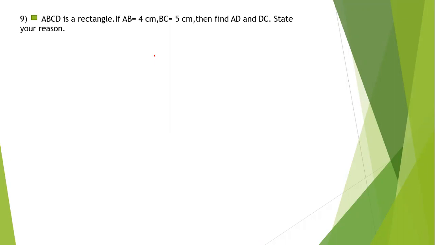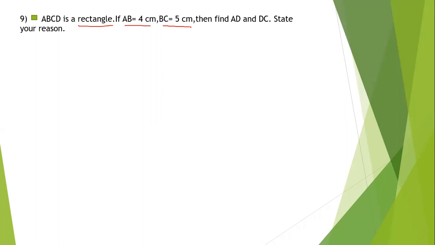State your reason. So in this sum, the type of quadrilateral given to us is a rectangle. Then they have given us the length of two sides, AB as 4 and BC as 5 centimeter.